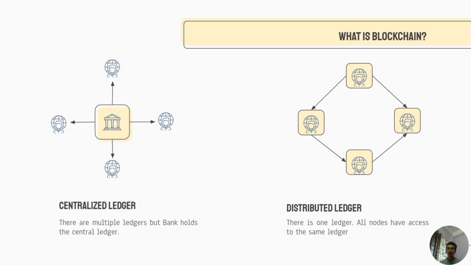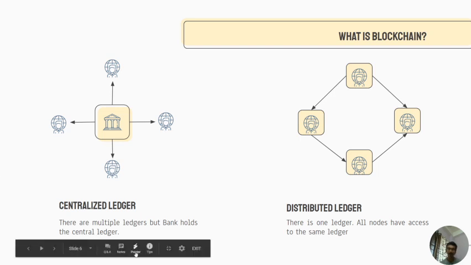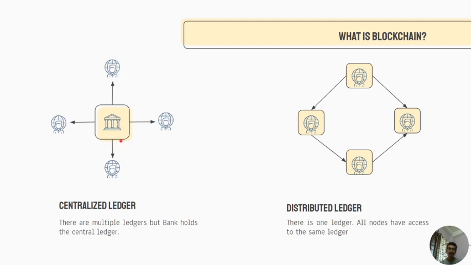Before diving deep into the blockchain part, let us discuss centralized ledger and distributed ledger once again in a much more minute manner. Suppose there is a bank. Right out here you can see there's a bank, and this bank is basically the central server in a digital world. There are various branches.